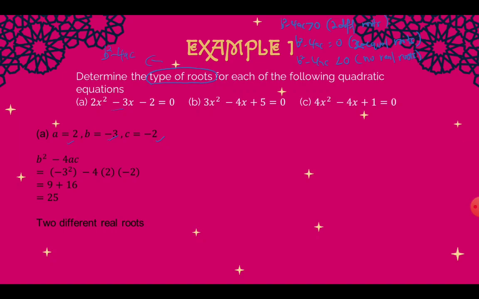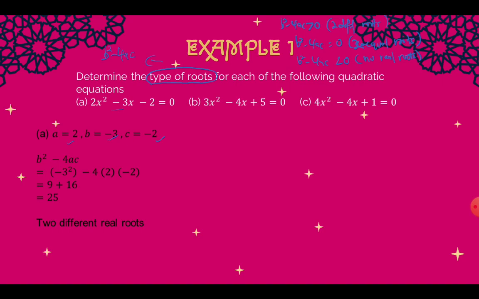So how can we determine the type of roots? Of course, we need to find the value of b squared minus 4ac. First we need to know the values of a, b and c, then substitute them in the discriminant, b squared minus 4ac.